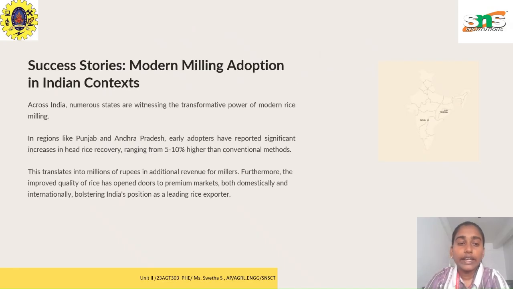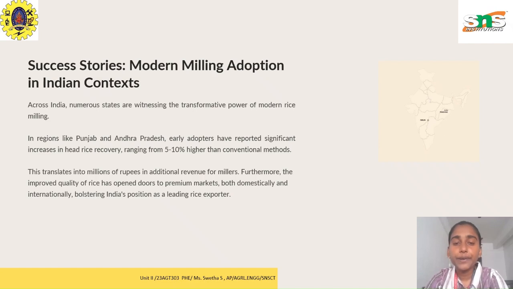Success stories: in India, numerous states are witnessing the transformative power of modern rice milling, especially areas like Punjab and Andhra Pradesh. They are the early adopters of modern rice milling. We can see a significant increase in milling yield from their entire rice intake, ranging from 5 to 10 percent higher than the conventional methods.